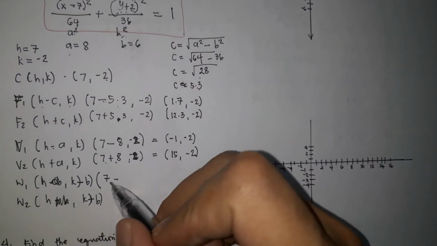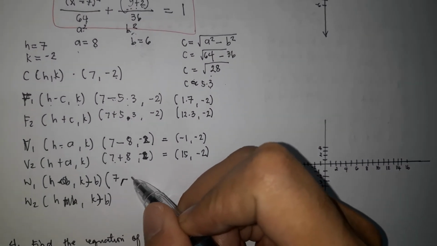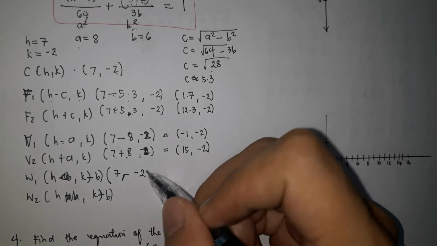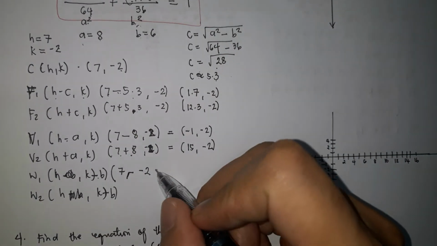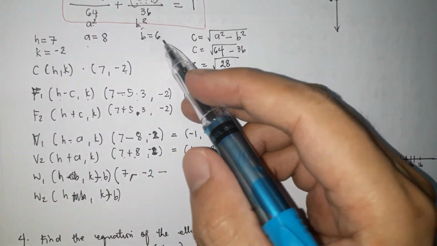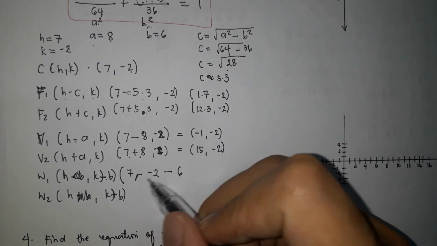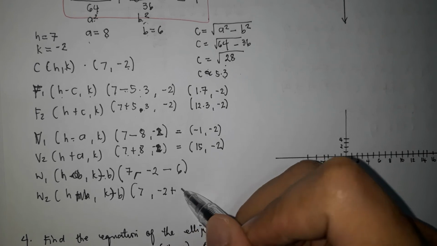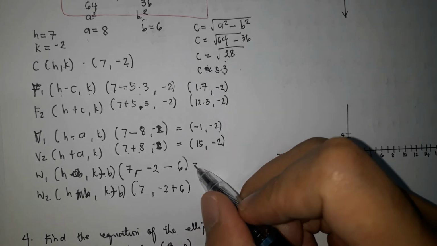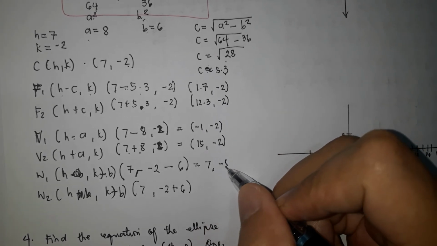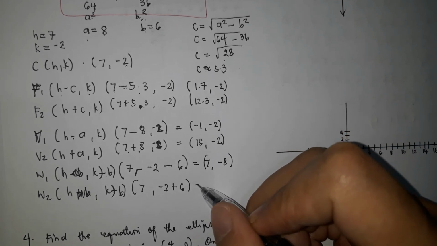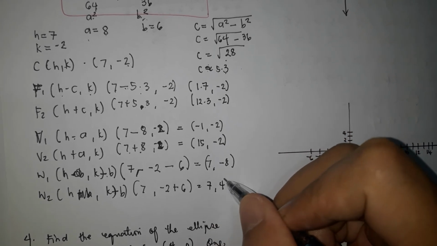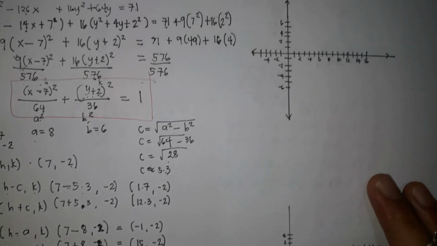So, H is 7, K is negative 2, minus B, which is 6. 7, negative 2 plus 6. So, 7, negative 8, and 7, positive 4. So, we can plot this.